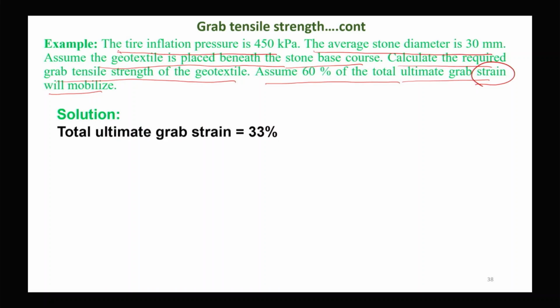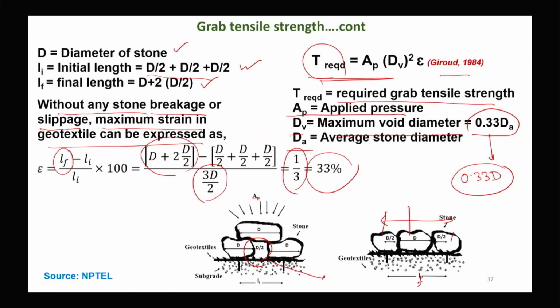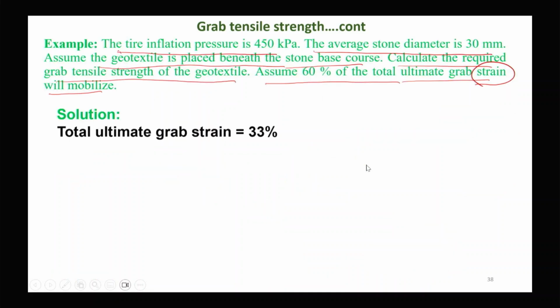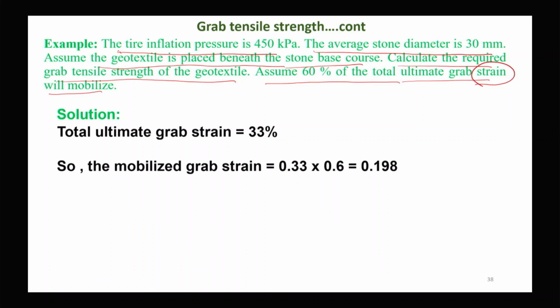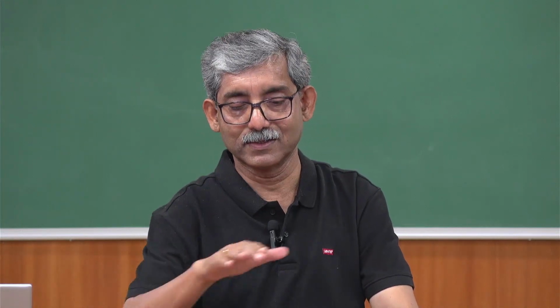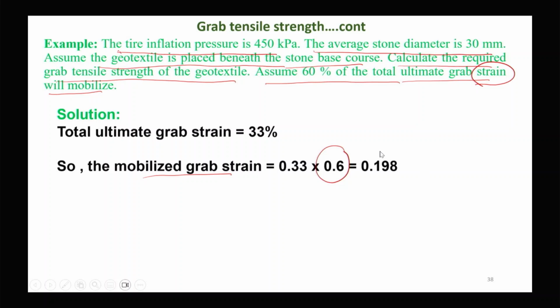Now, ultimate grab strain is 33%, that we have already calculated earlier. This is the 33% ultimate grab strain, and the mobilized grab strain will be 60% of it, because 40% is slippage. So the mobilized grab strain is this, and we know this relationship.